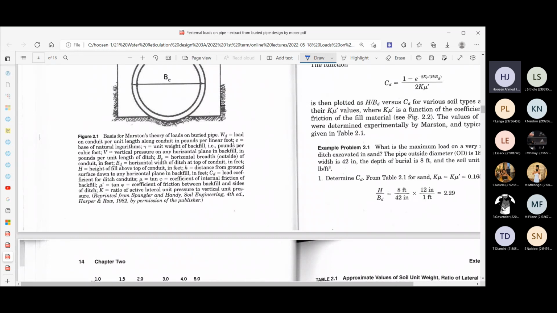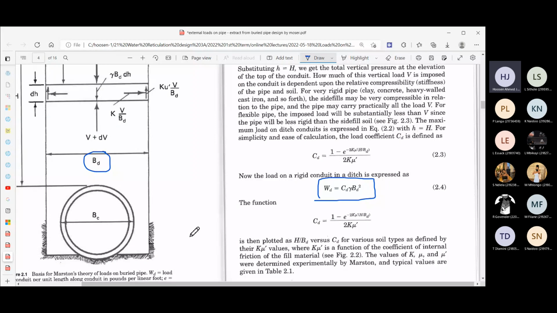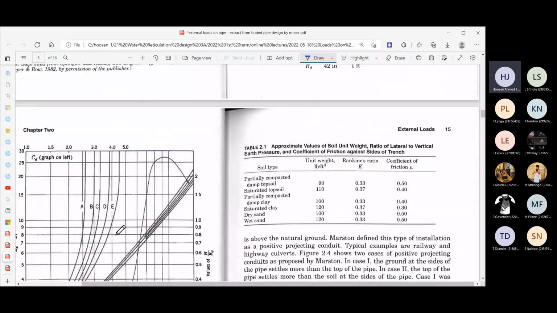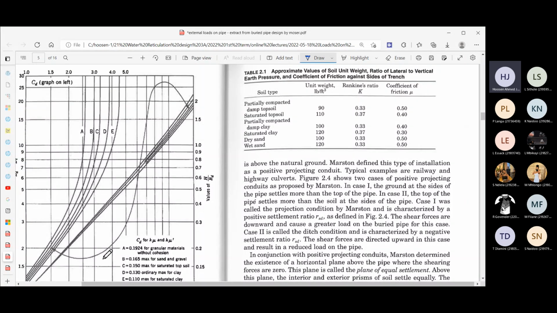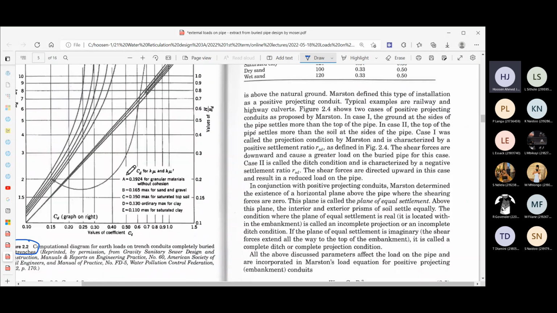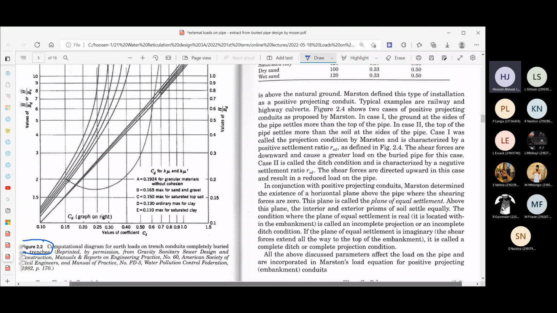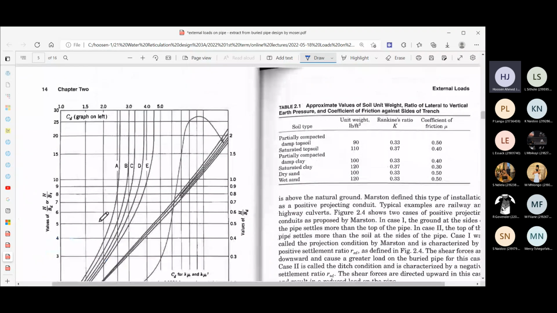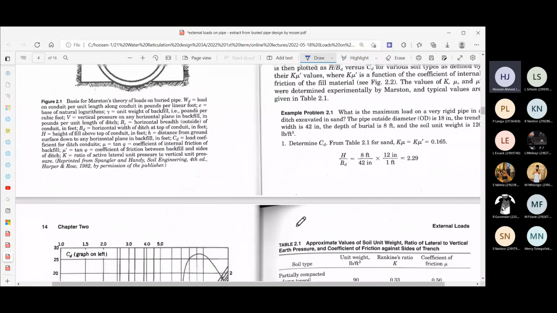Based on the different K mu values, that part of the formula, depending on what value you get, you can then read off from this particular graph over here. The explanation of this particular formula also, I just want to go back here and show you, they do have a discussion here on those values.